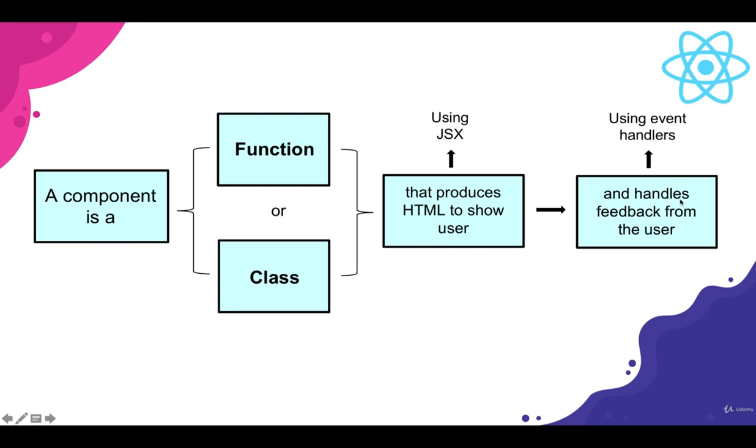And we also handle feedback from the user. You remember? All right. We've only spoken about what a functional component is up until now, and we've only just seen how to produce some JSX to show the user, but not handle any feedback or updates.